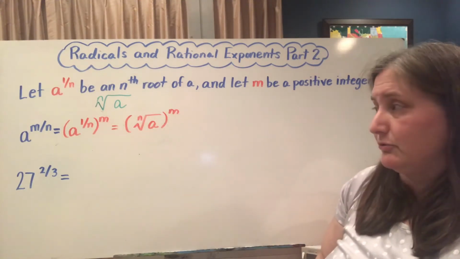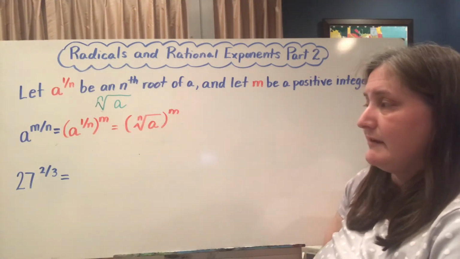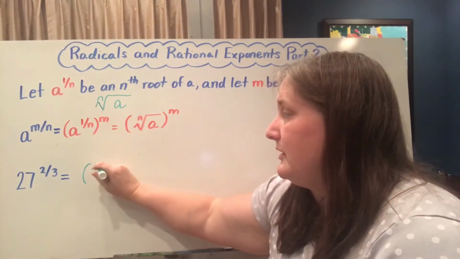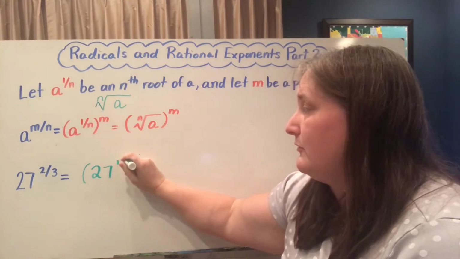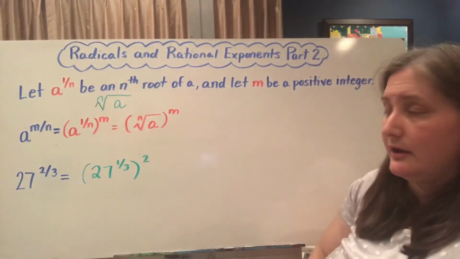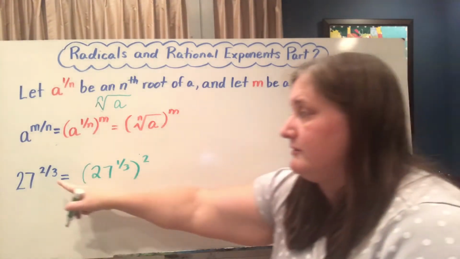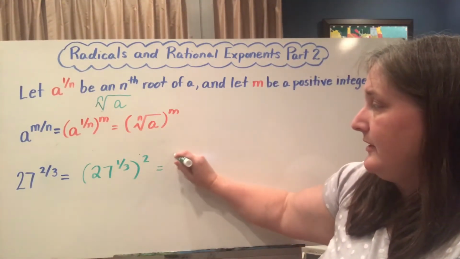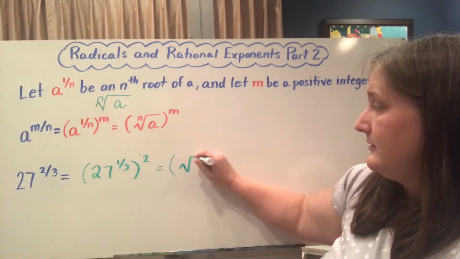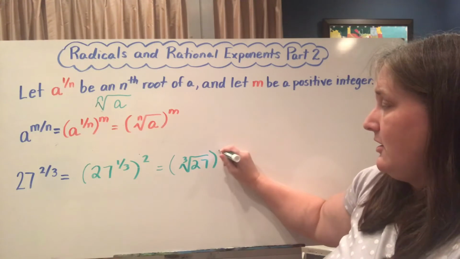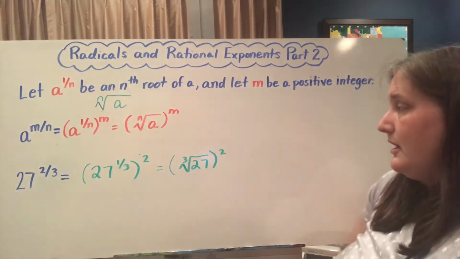Let's try it with some actual numbers here. So 27 to the 2/3 power could be rewritten as 27 to the power of 1/3 all to the power of 2. Because 1/3 times 2 would give us this 2/3. Now I can solve this guy. I can rewrite it as the 3rd root of 27 all squared.